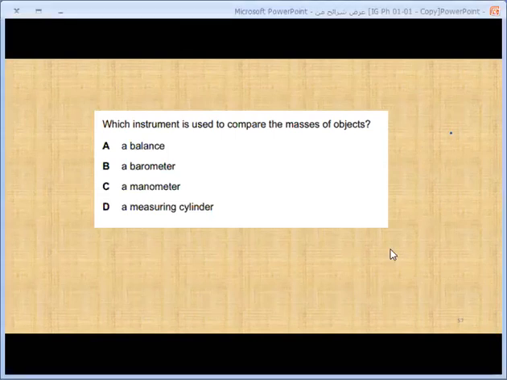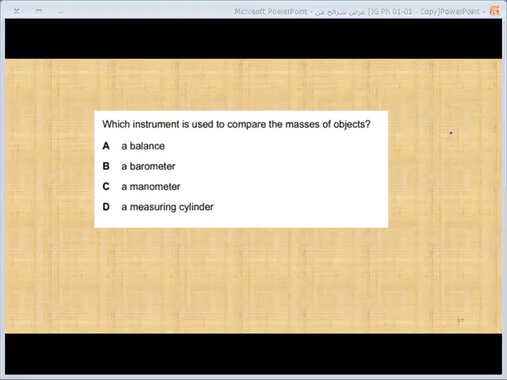So now let's check this question together. A simple, direct question. Which instrument is used to compare the masses of objects?